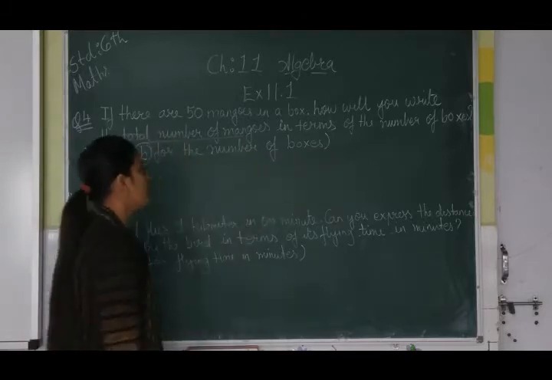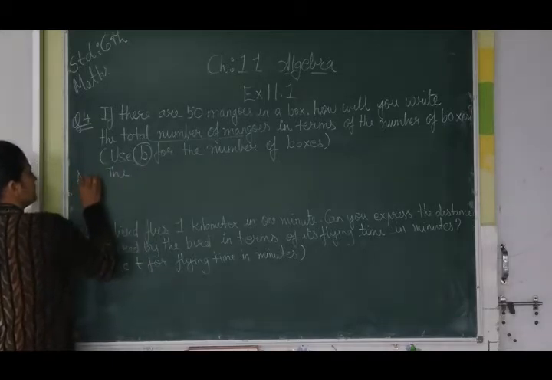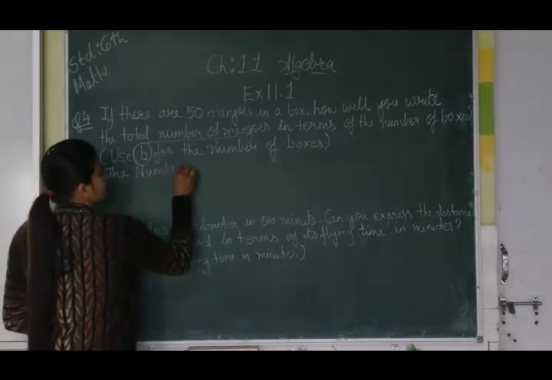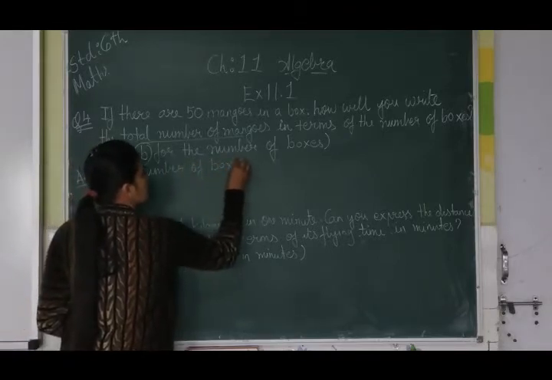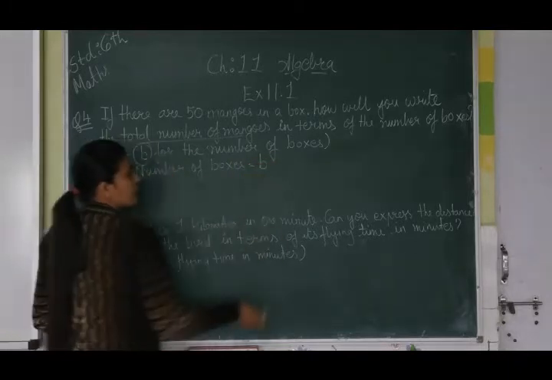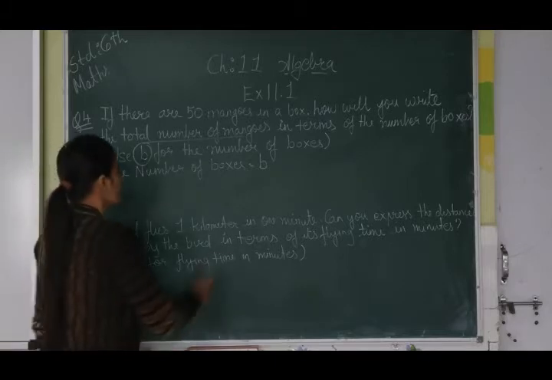So first thing we will write down is the number of boxes is equal to B. We don't know how many boxes are there, so we will take B.